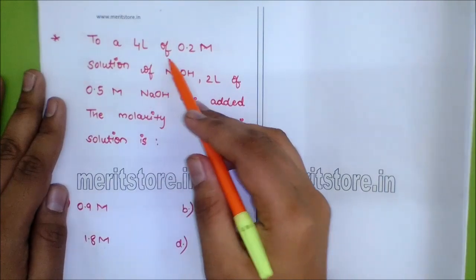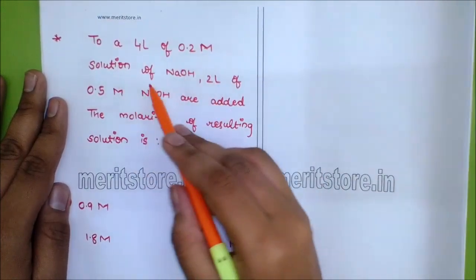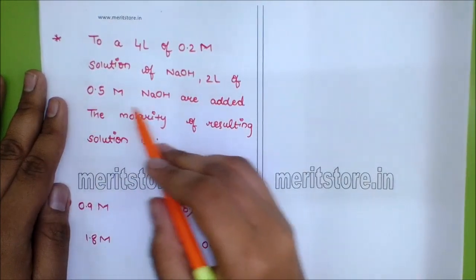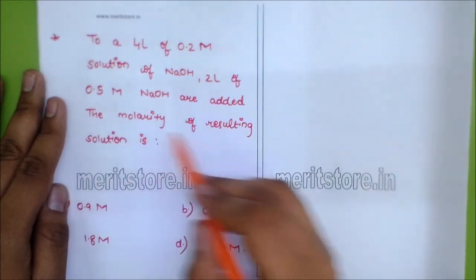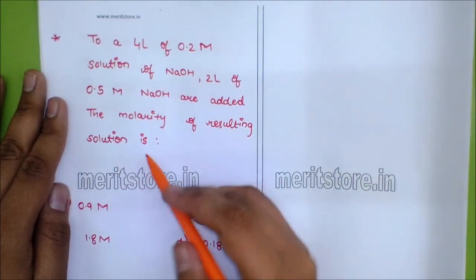For 4 liter of 0.2 molar solution of NaOH, 2 liter of 0.5 molar NaOH are added. The molarity of resulting solution is.